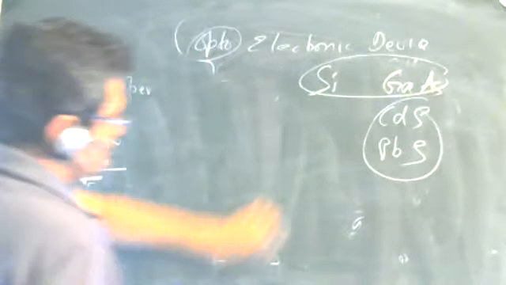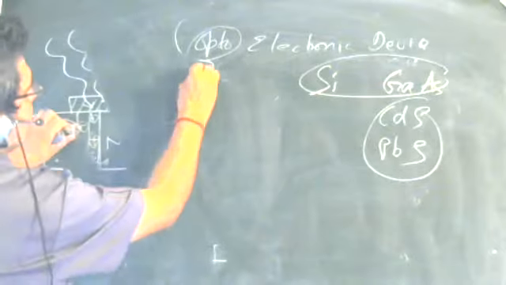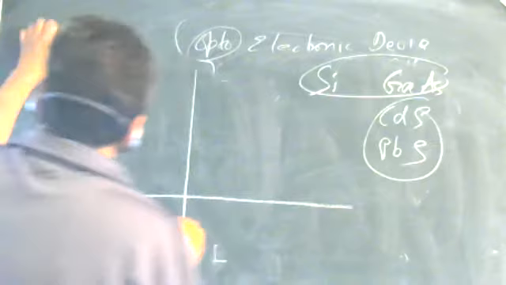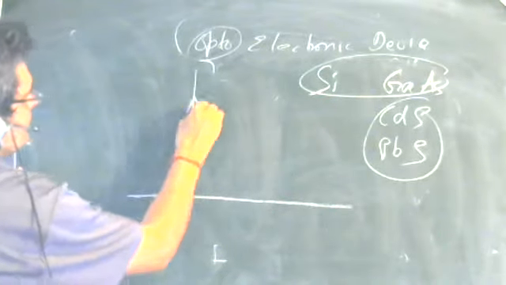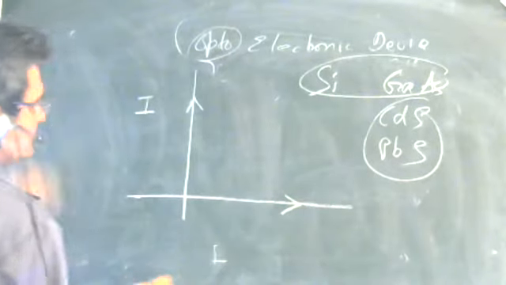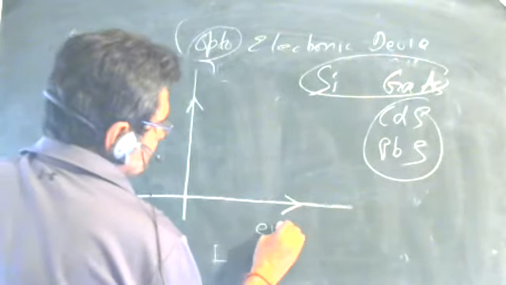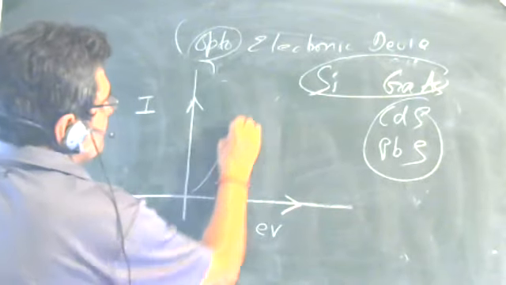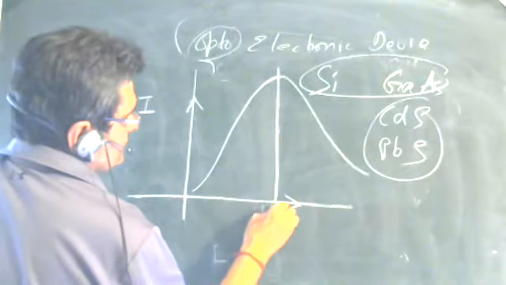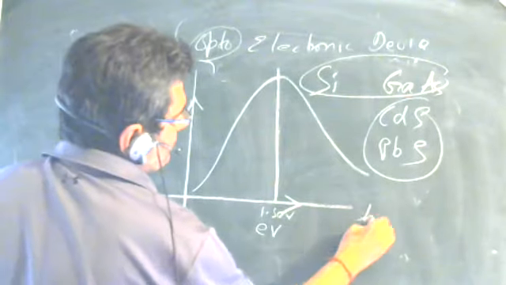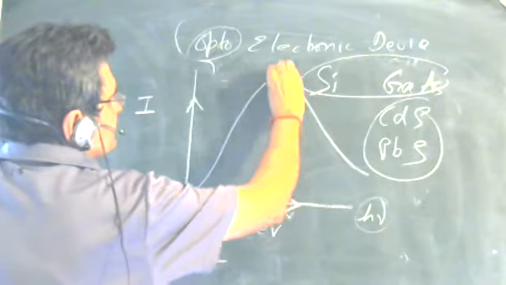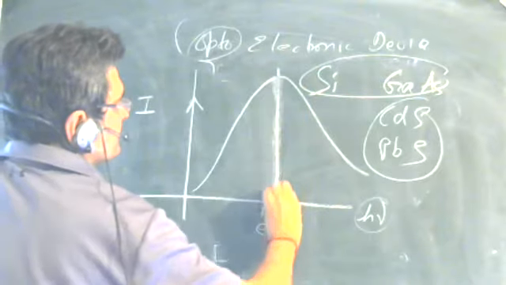Why? We will understand that if we draw the irradiation, the intensity of the light of the solar radiation in comparison to the energy in eV, electron volt, we find that at 1.5 eV energy of photon, the intensity is maximum.